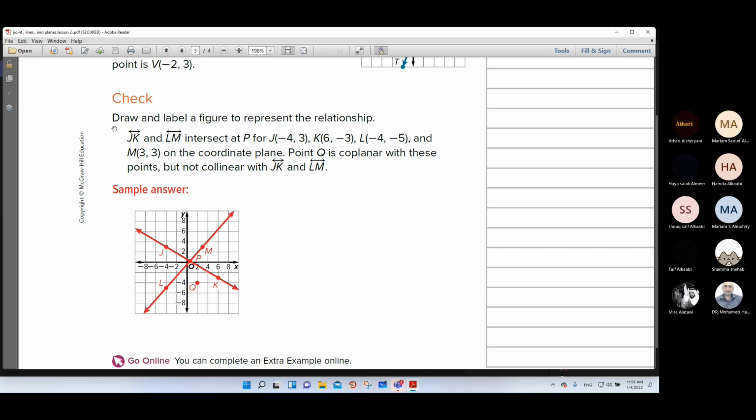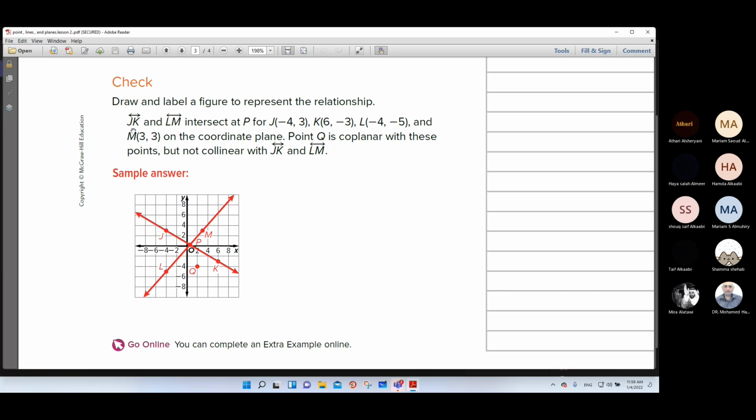Okay, in this example, draw and label a figure to represent the relationship. We have here GK and LM. GK, this line, and LM, this line, intersect. Why? Because we have here B, a common point between them.